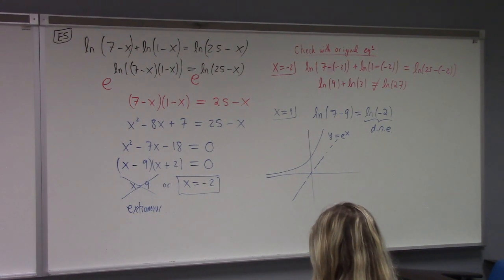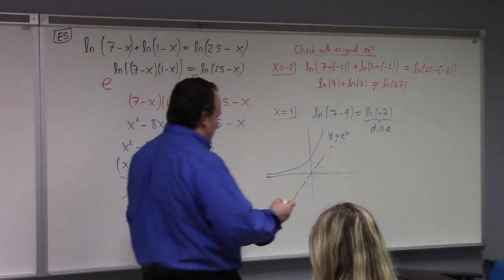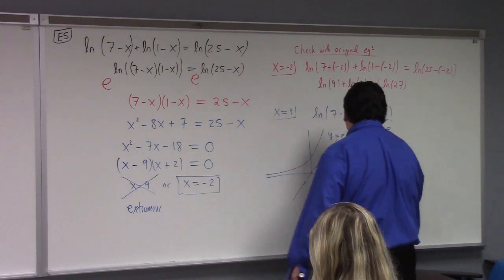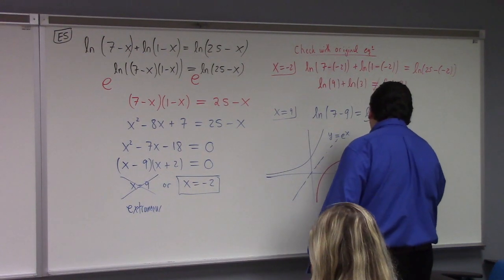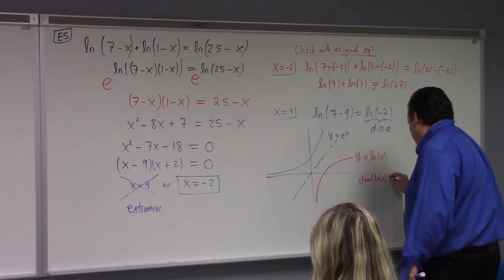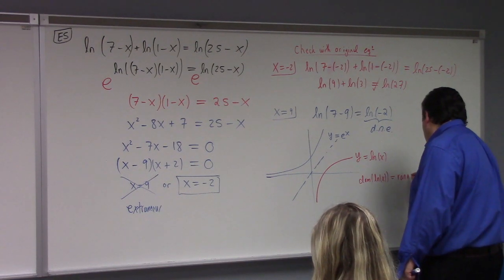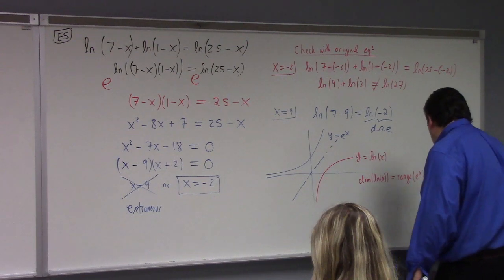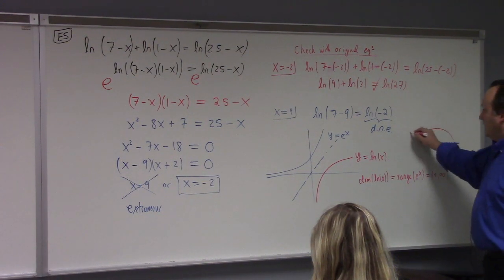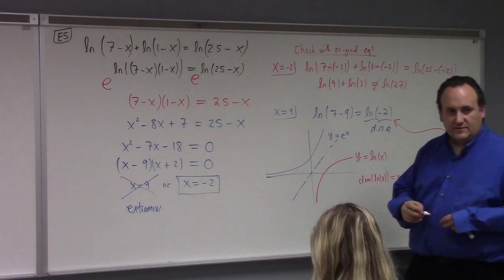So because the range of the exponential is 0 to infinity, the domain of the natural log is 0 to infinity.